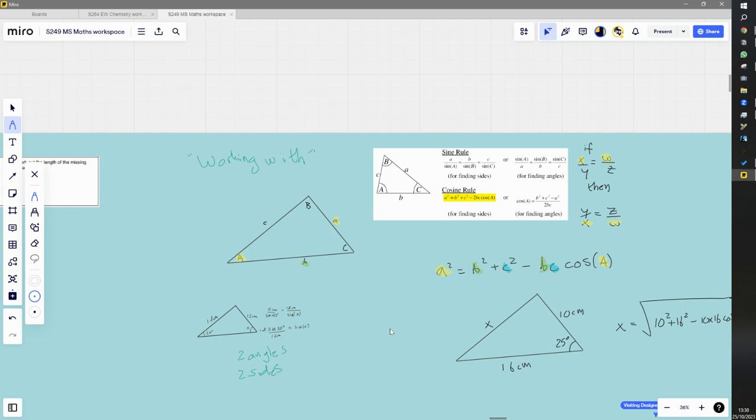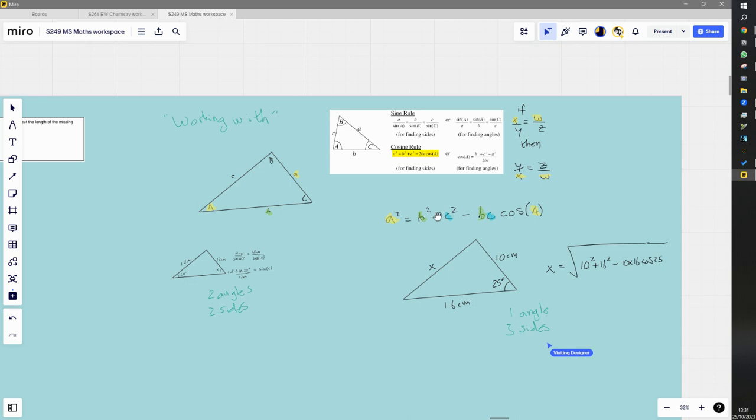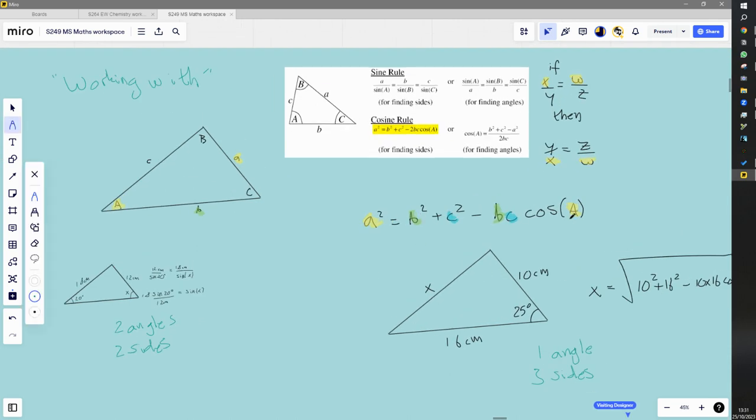Whereas in this one over here, I'm working with one angle and three sides. I'm ignoring which one I need to know. The point is, which ones am I working with? These angles I don't know and I don't need to know. So that's how I know it's the cosine rule, because the cosine rule only contains one angle and three sides.